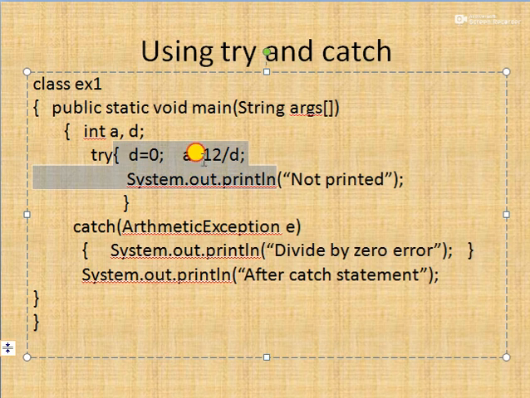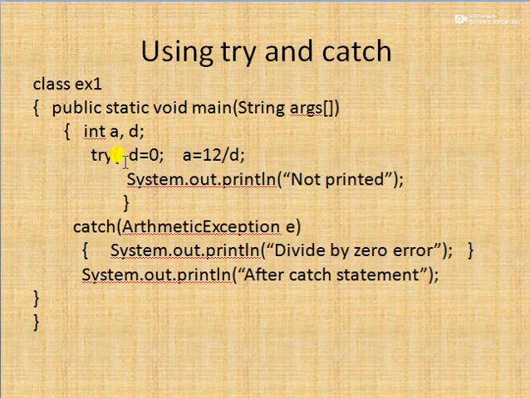We'll write this inside the try block because we want to check it. So d is equal to 0 and a is equal to 12 by d, and System.out.println, here I'll write "not printed". So it will try doing this.